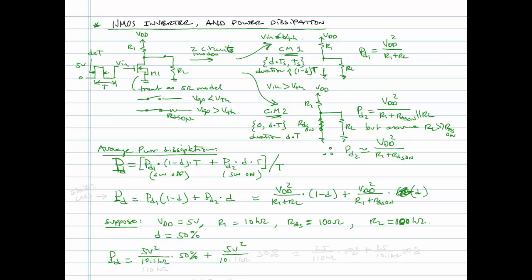Did I mess it up? I'm sorry. In the other case here, this is the one that's 10.1 kilo ohms. But in the first case, we have R1 plus RL, so that's 10K plus 100K. That's 110 kilo ohms.